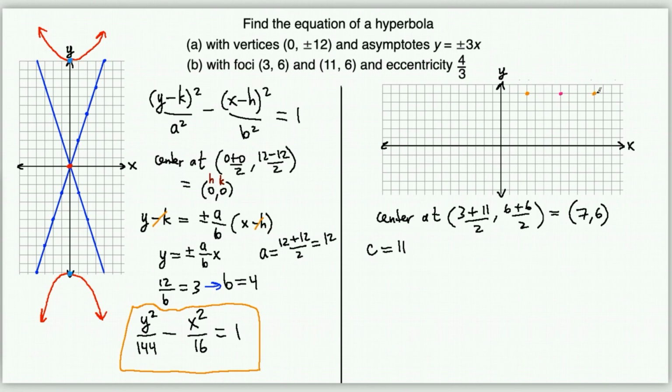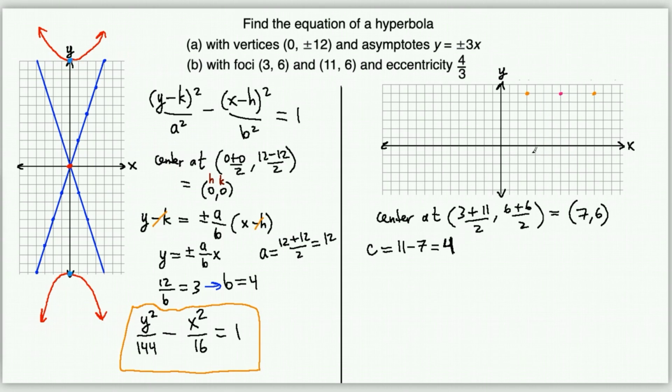This x value of this focus is 11, minus the x value of the center. And you don't divide by 2, because we're not doing any averages, etc. We just want to find the distance. 11, the distance from the y-axis to this focus, minus 7, the distance from the y-axis to the center, gives us the difference, which is 4. So we confirm that the c value is 4, just like I suggested using the graph.